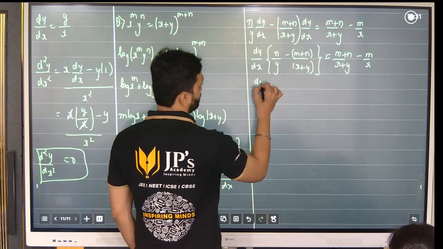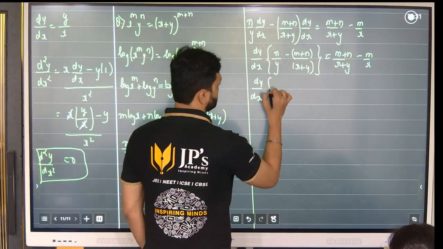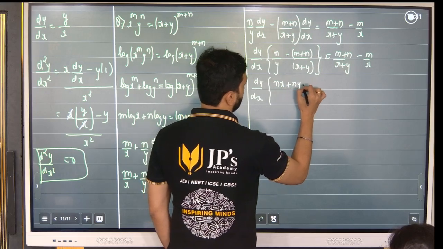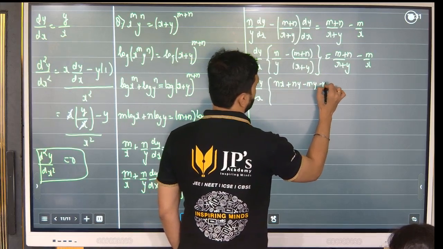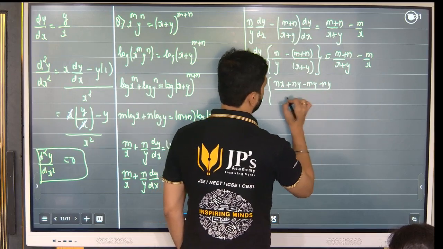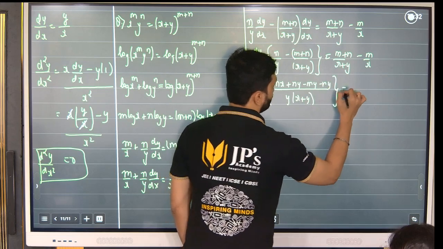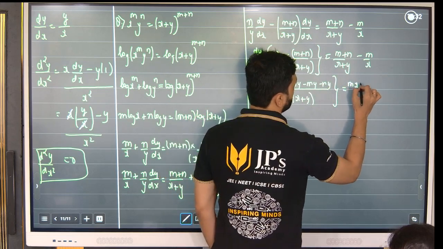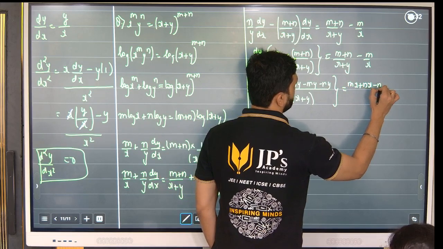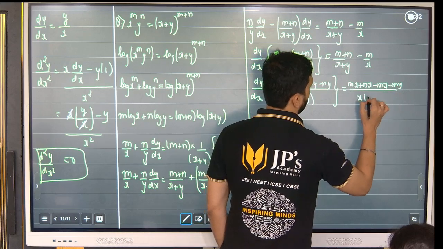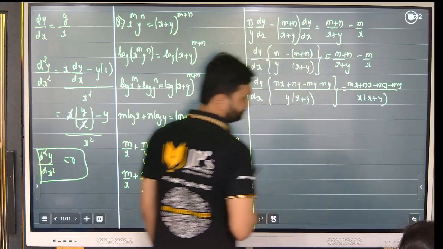Now if I take the LCM here, nx plus ny minus my minus ny upon y into x plus y, and mx plus nx minus mx minus my upon x into x plus y.